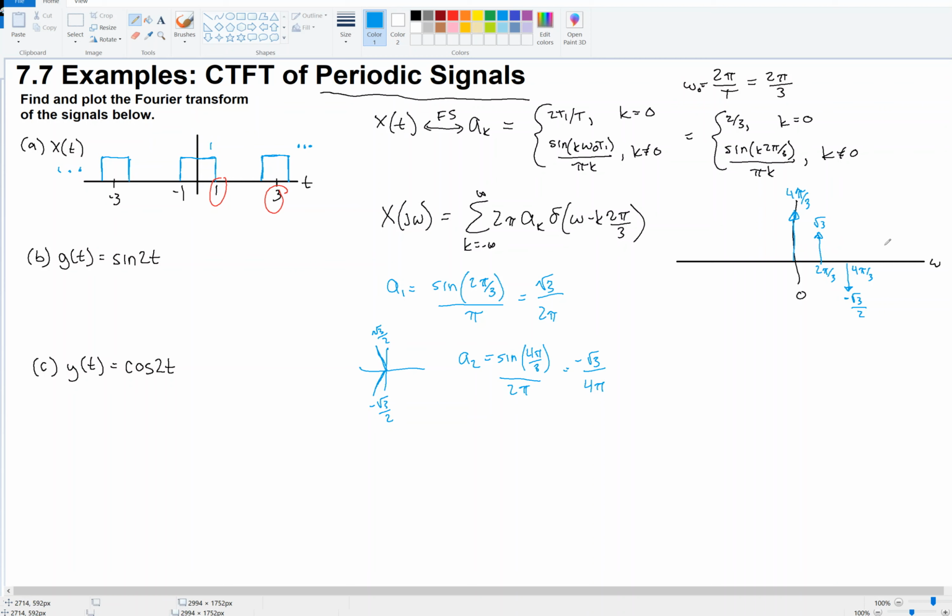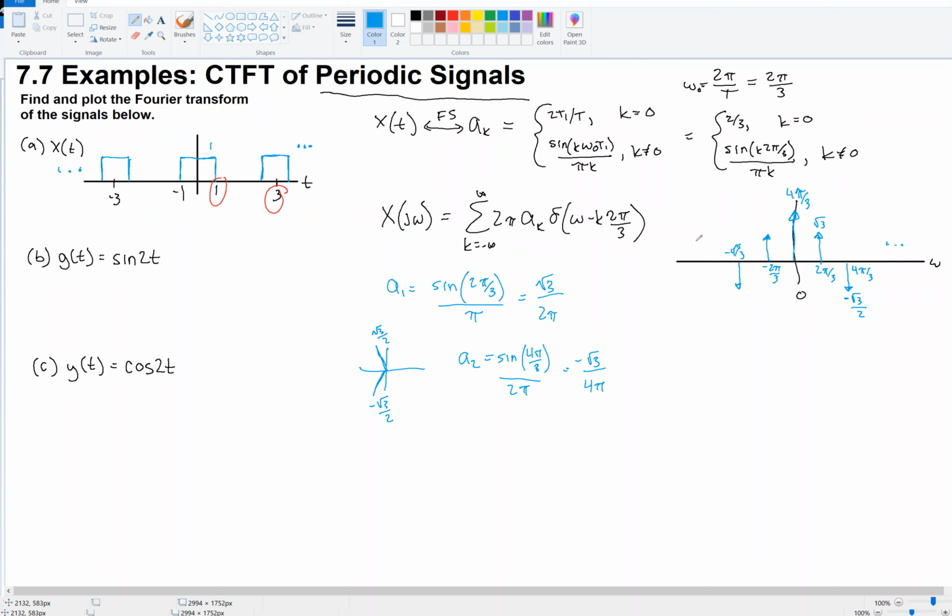Okay, and so we can continue on like this. The k equals 3 term, the k equals 4 term, and because we said that this was even in a previous video, we're going to find that we're going to have exactly the same thing on the left, so at minus 2 pi over 3 and at minus 4 pi over 3.